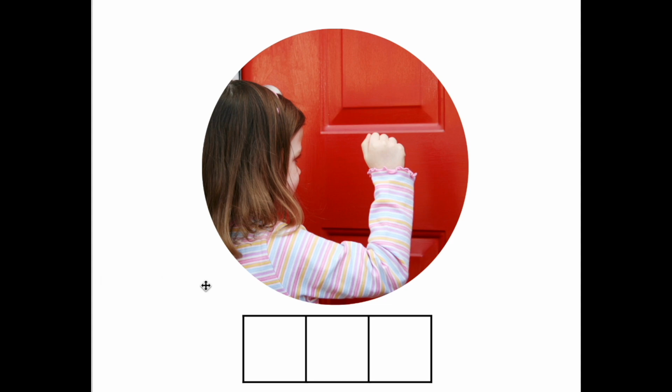Our last word today is knock. Knock. How many sounds can you count in the word knock? There are 3 sounds in the word knock. What's the first sound you hear? N. How are we spelling N today? That's right, K-N. What's the second sound you hear in the word knock?